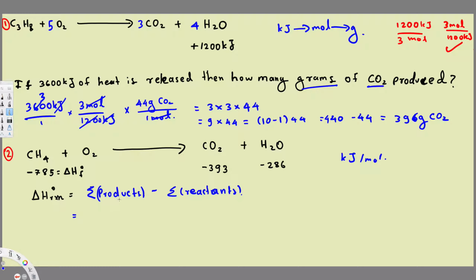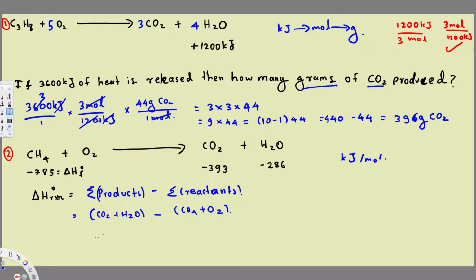So here if you look at the sigma products, we have the products CO2 and H2O, so we have to add them together. So this is going to be CO2 plus H2O. And sigma reactants is going to be CH4 and O2, right? CH4 plus O2.